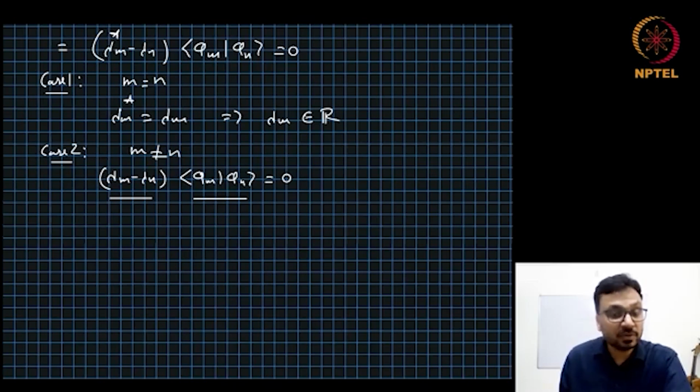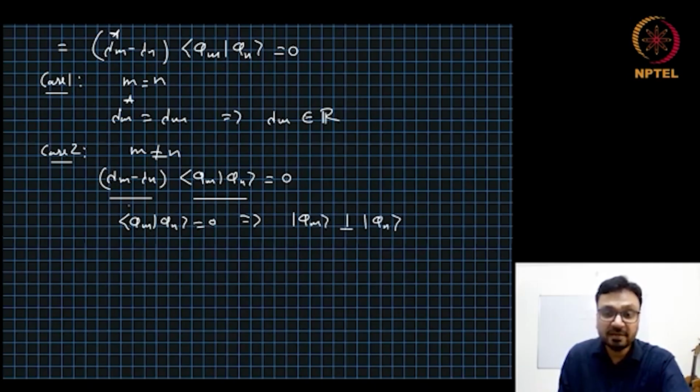Since m is not equal to n, and let's assume that this is a non-degenerate case, it means all the eigenvalues are different, then this quantity is not 0. So it must be that phi m phi n is 0, which implies that phi m is orthogonal to phi n whenever m is not equal to n.